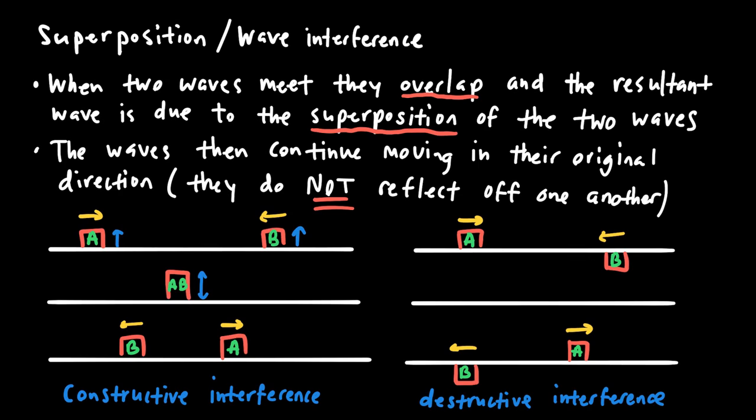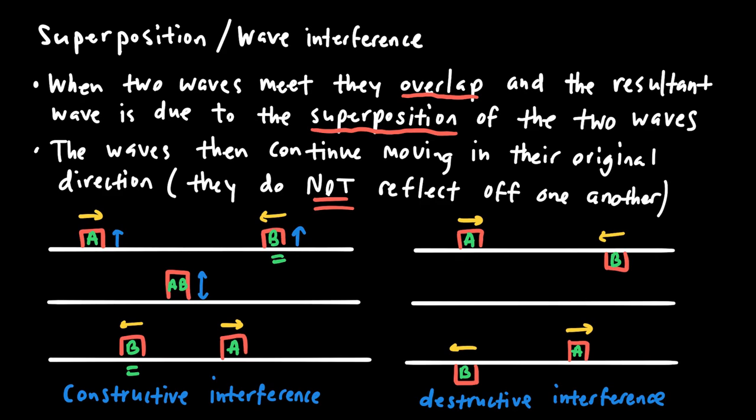After they overlap and produce that larger amplitude, the wave pulses continue moving in the same direction that they were traveling in. They don't reflect off of one another. Originally, B was on the right-hand side, now it's on the left-hand side, and it's still moving in the same direction. That's kind of like a statement of the conservation of momentum or energy, if you want to try and think about it that way. But in general, you can just remember that waves work in this manner.